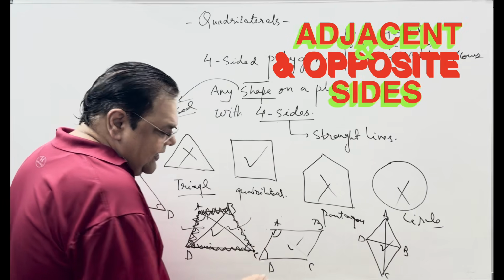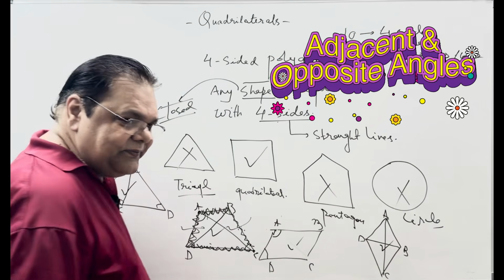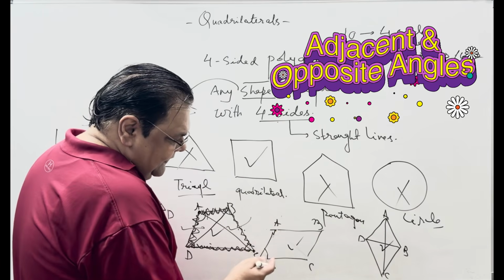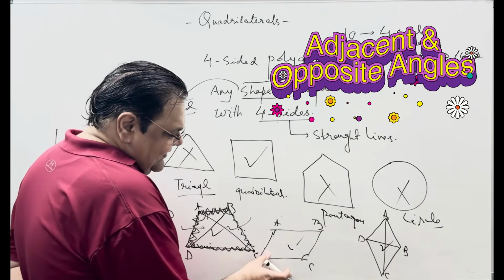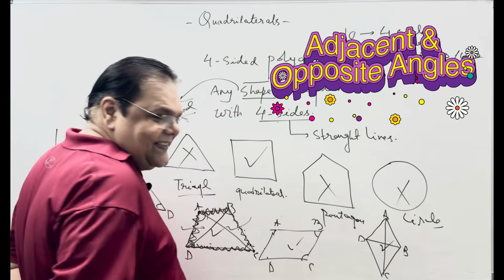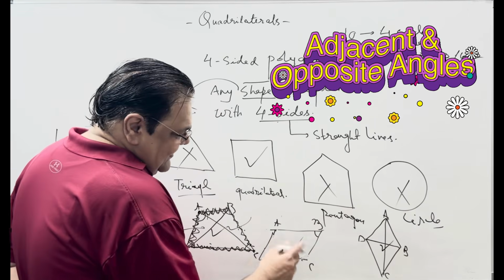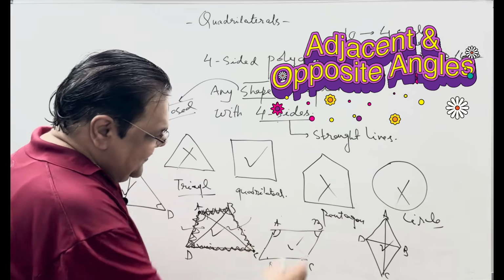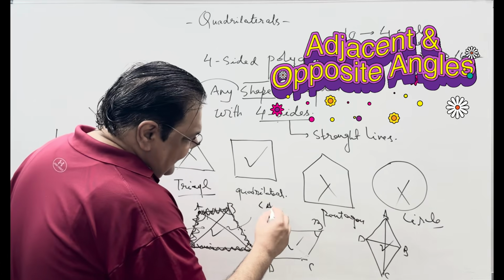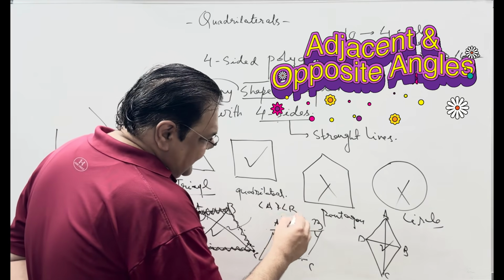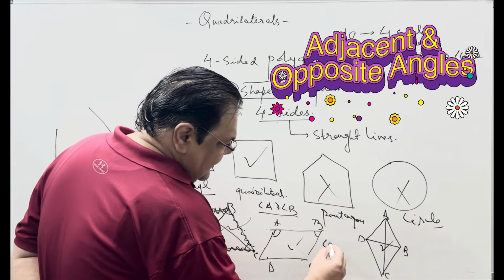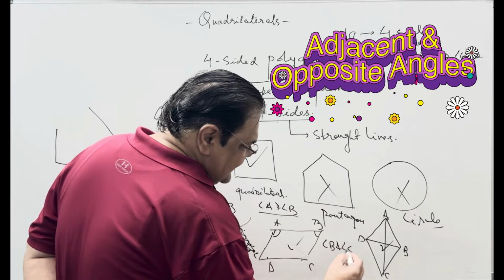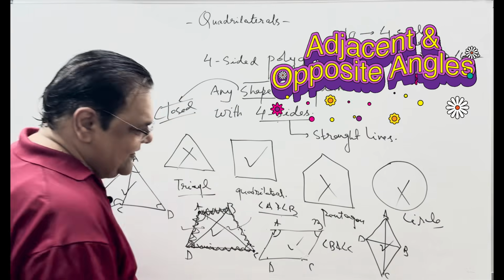This and this are adjacent angles. This and this are adjacent angles. This and this are adjacent angles. And this one means angle A and angle B are adjacent. Angle B and angle C are also adjacent.